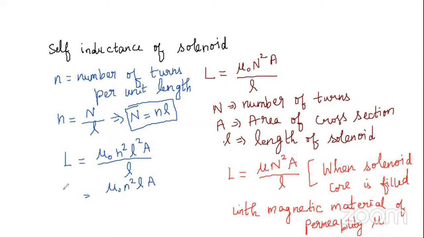This is the inductance when you have the number of turns per unit length, that will be mu naught n squared L into A. And this L into A is nothing but the volume. Okay, volume of solenoid, L into A or AL. So in that case, L equal to mu naught n squared into V. So this is the self-inductance of solenoid, and I hope that you all know about the solenoid, okay, because we already have discussed what is a solenoid coil.